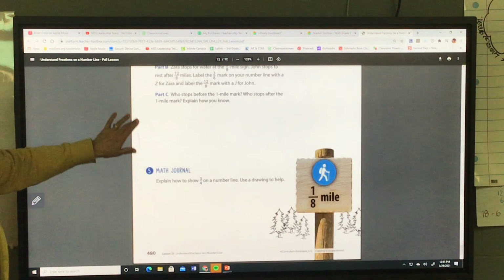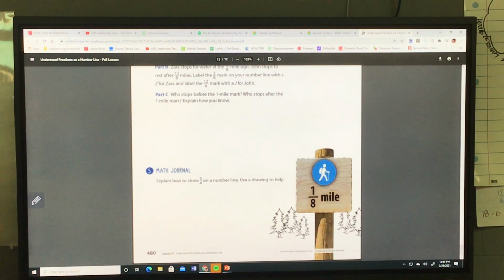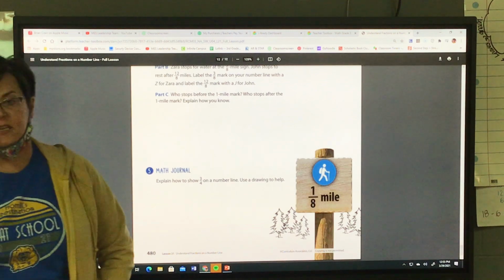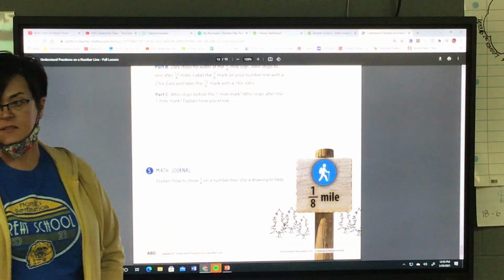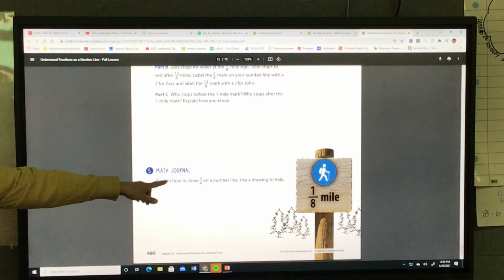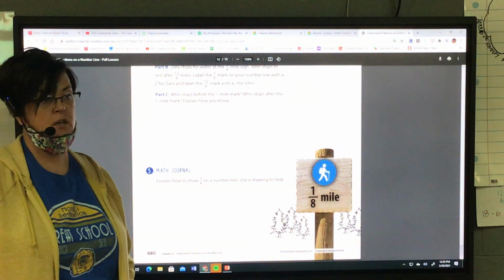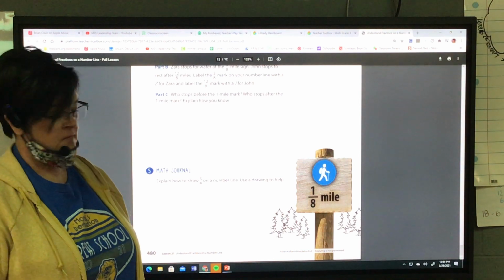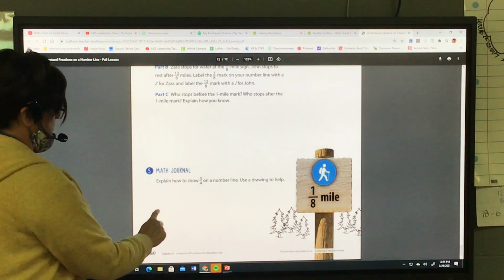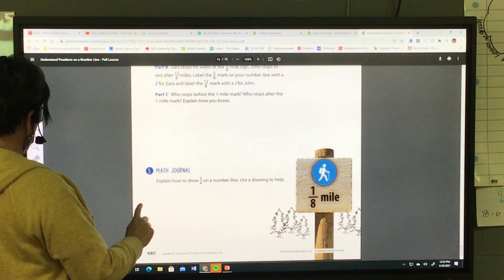All right, one more thing. Show me, by making a number line, how you would label 3/4 on your number line. So go ahead and make a number line.